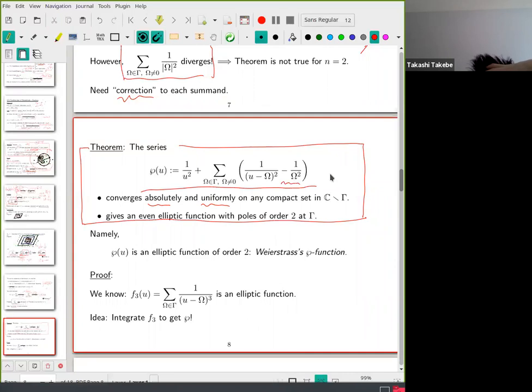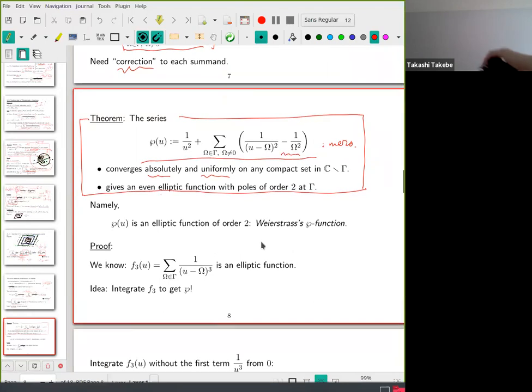Shortly speaking, this defines a meromorphic function. And this is actually periodic and even. And as you see, the order of poles is 2. So this series defines an elliptic function of order 2, which is called the Weierstrass P function.